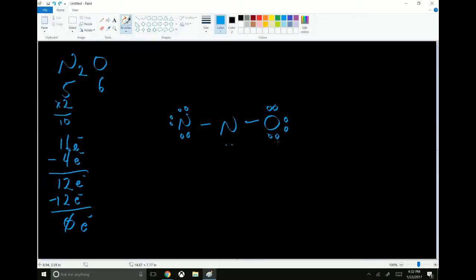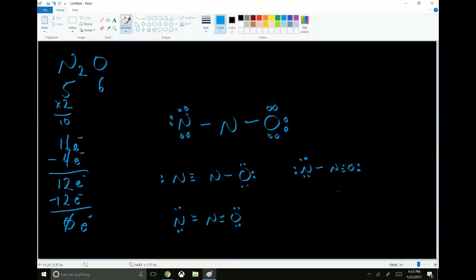So our structure could be nitrogen triple bonded to nitrogen, single bonded to oxygen. Or it could be nitrogen and oxygen, each giving double bonds. Or it could be nitrogen not giving up any of its lone pairs, but you have a double or triple bond on the oxygen.